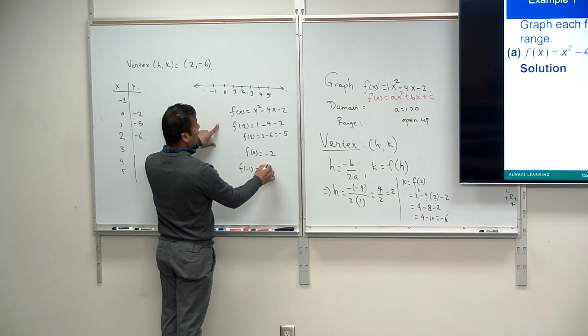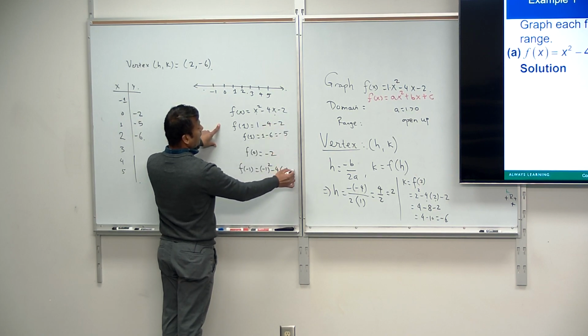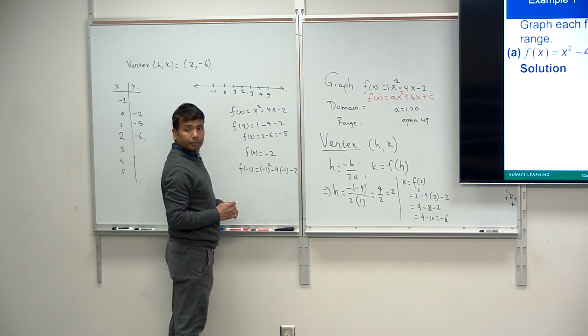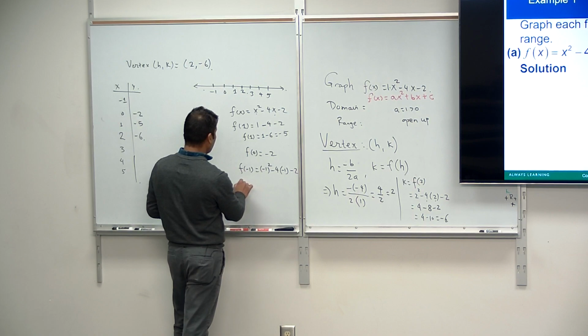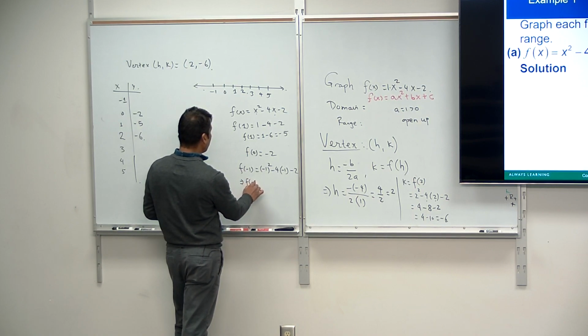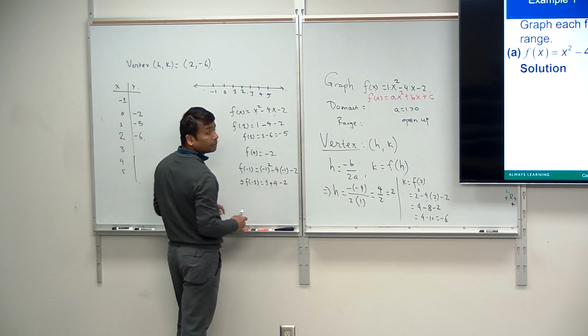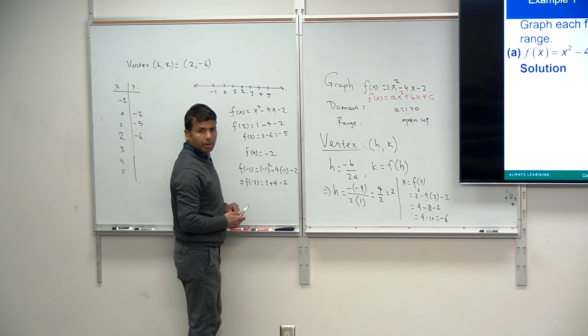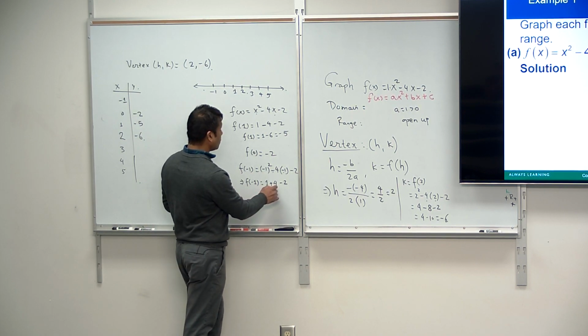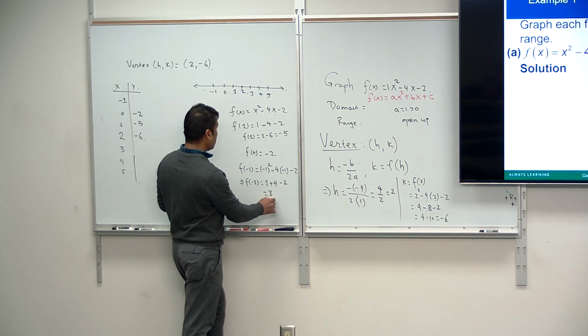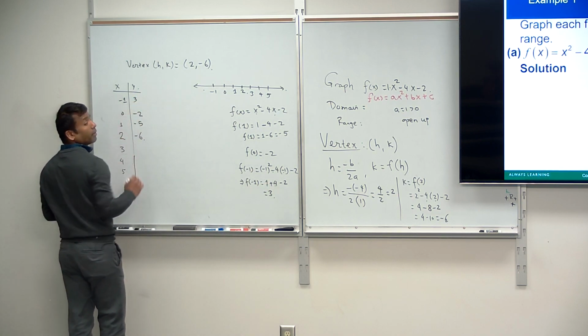So this is negative 1 squared minus 4 times negative 1 minus 2. So f of negative 1 equals positive 1, negative times negative positive 4 minus what? 2. Good? So this is 1 plus 4, 5 minus 2 is what? 3. So negative 1 corresponds with 3.